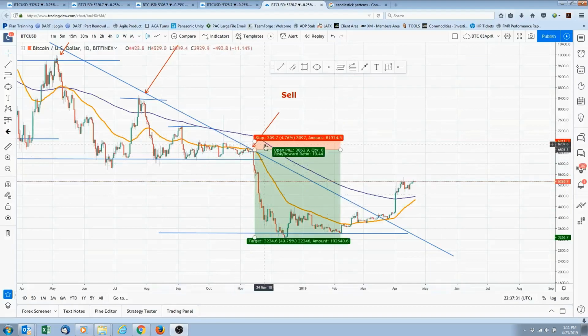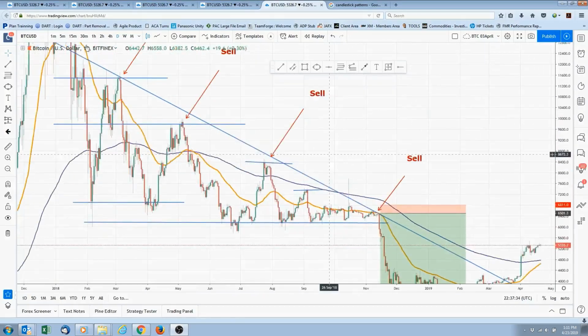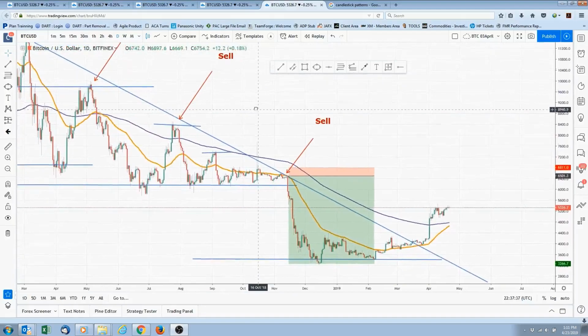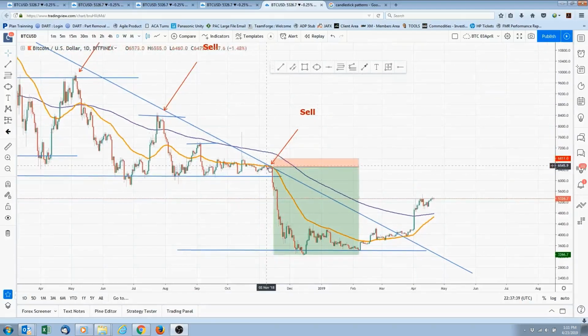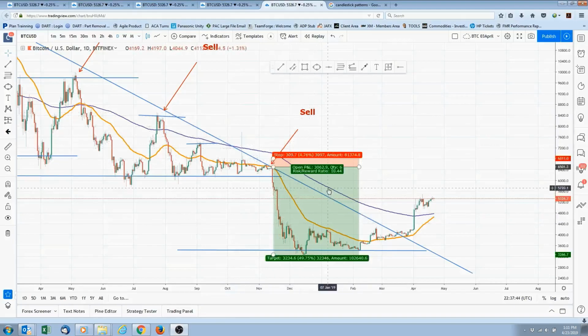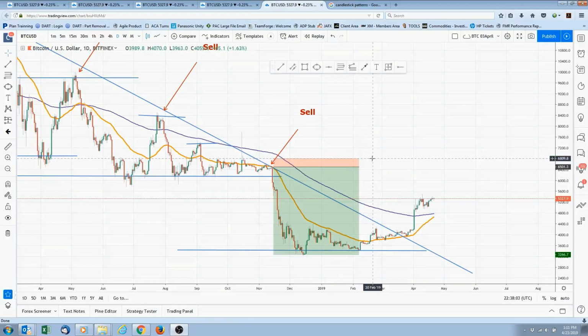But anyways, what I want you to know is right here. Based on our analysis of our price chart, trend lines, and support and resistance, here is a good sell area. So we would sell here, and this tool shows us a risk to reward. Right here, 10.44, what is this risk to reward? It's telling us that for every dollar we risk, we're able to make $10. Say I risked $1. Right at the top of this red area is where my stop loss is.